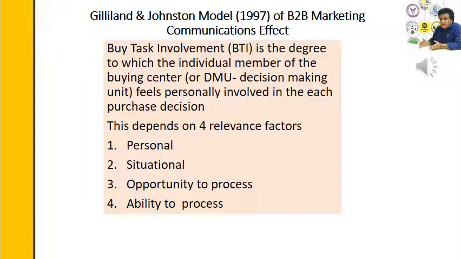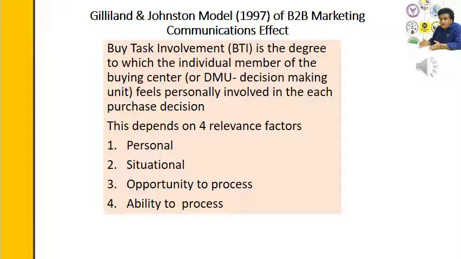Because the personal factor relates to the personal goals or the ego related significance of perceived personal consequence, whereas the situational factor relates to the importance of the decision to the firm and also to the person. So if somebody is involved in a decision making unit that is buying a capital item which is of very high value, then the situational relevance factor is very high.